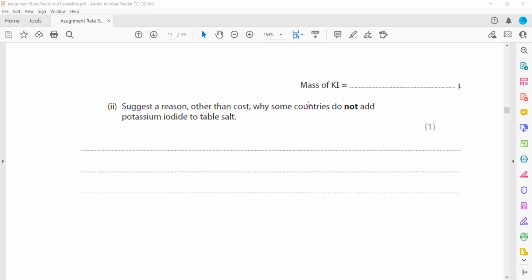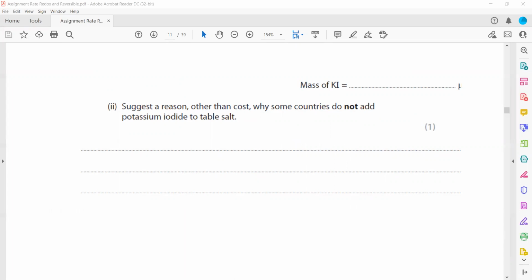Suggest a reason other than the cost why some countries do not add potassium iodide to table salt. So what could be a reason why some countries are not adding this? It can have many reasons, like maybe the other foodstuffs have that iodine, so they are not adding.